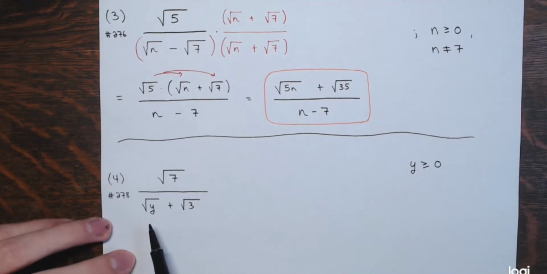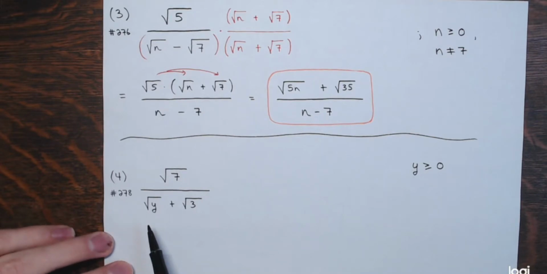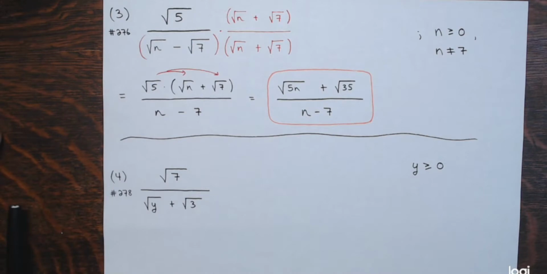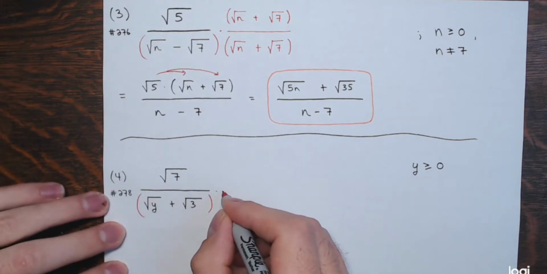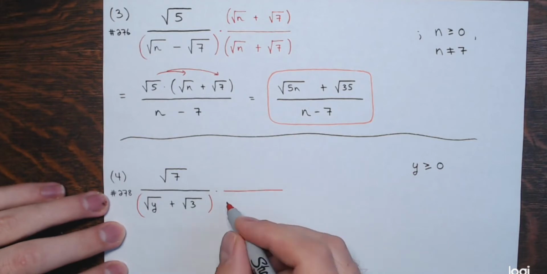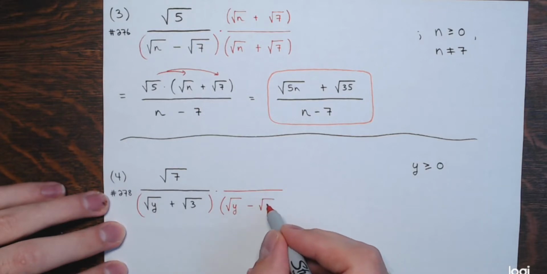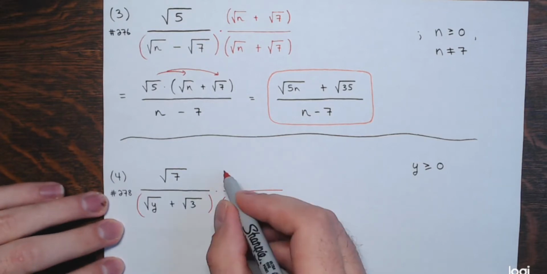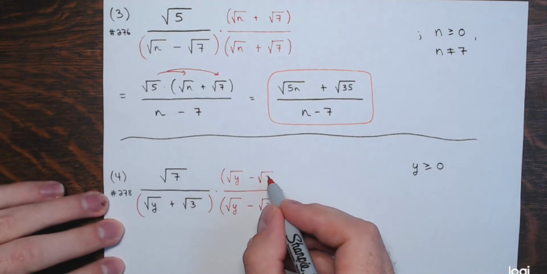So now, multiply by the conjugate. I'm rationalizing the denominator, so I'm multiplying the numerator and denominator by the conjugate of the denominator, the square root of y minus the square root of 3.